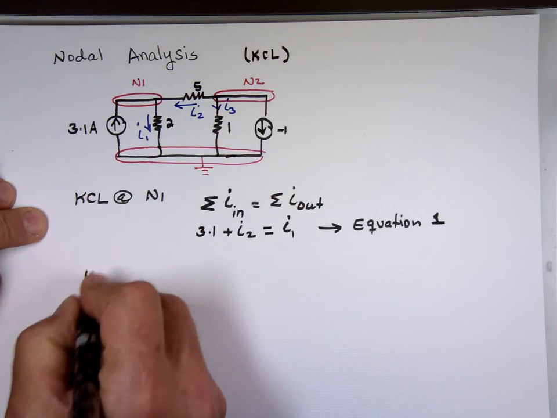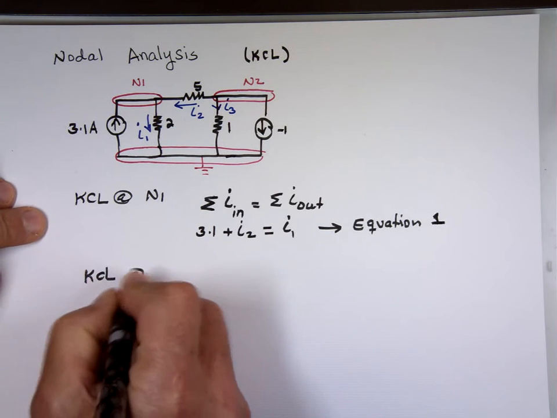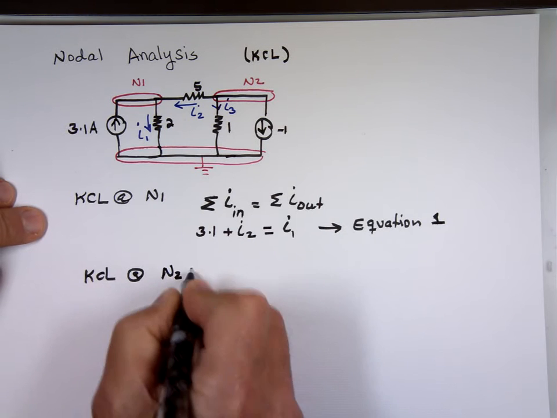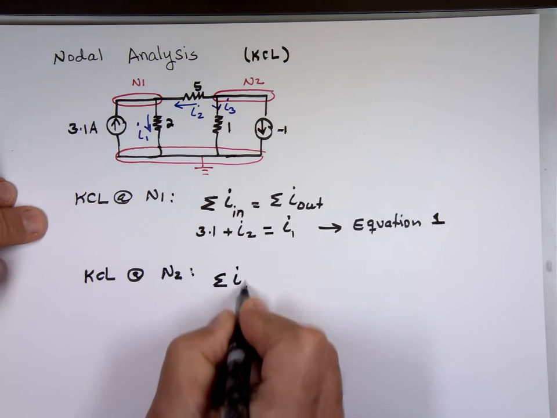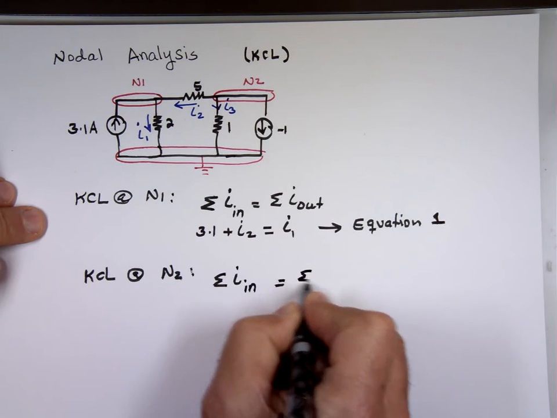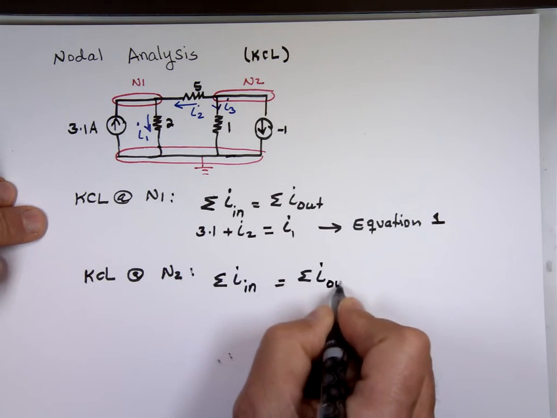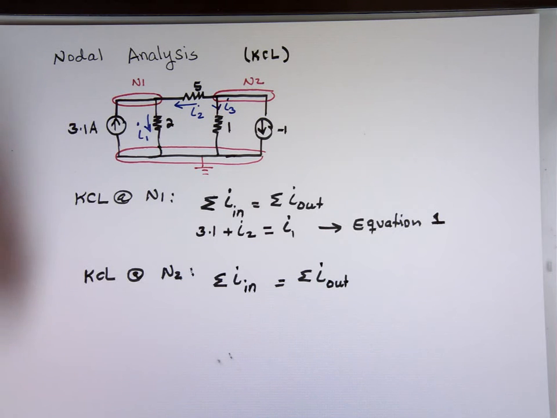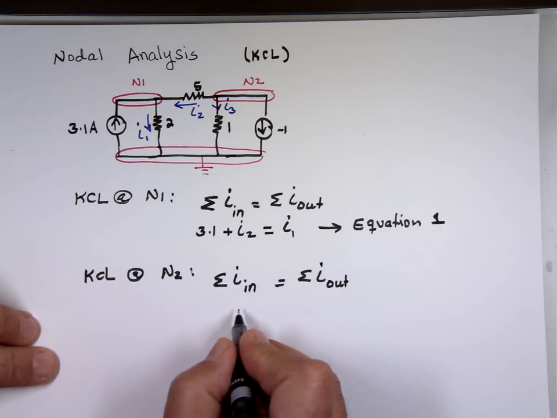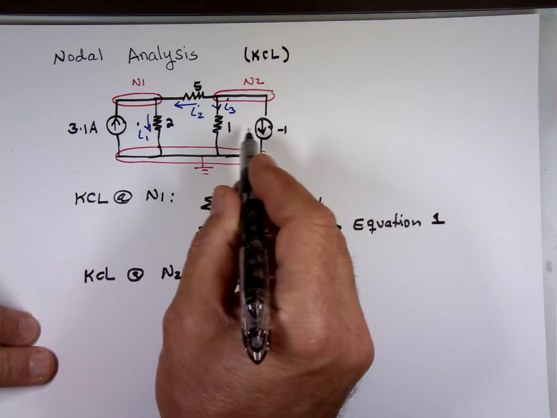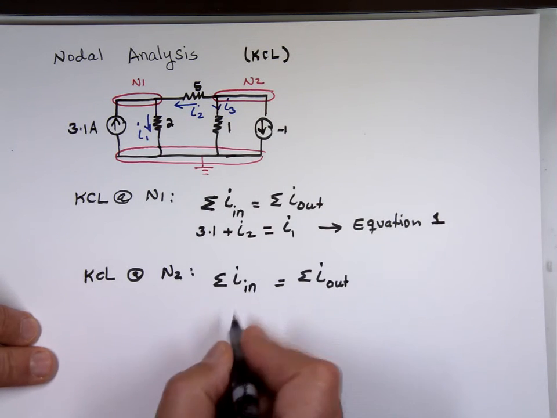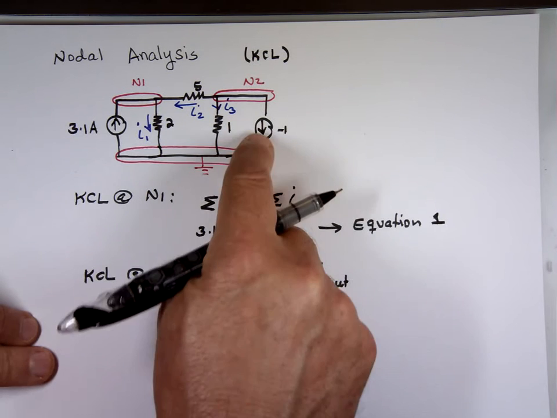Now, KCL at N2. Again, all the current going into that node equals all the current leaving that node. And here, what's going into node 2? Nothing really going in, but you're right, I can reverse the direction and make it 1 going in.